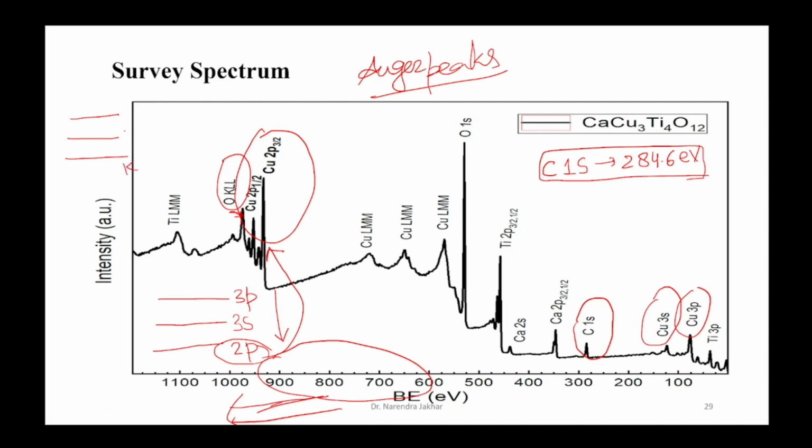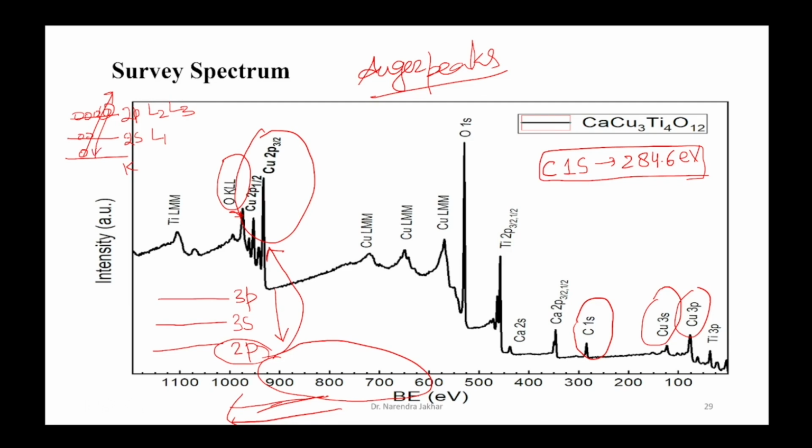This is K, L, this is 2s, 2p, L2, L3 and L1. If the electron is ejected from K, then one of these electrons can fill this vacancy and a photon can be emitted.